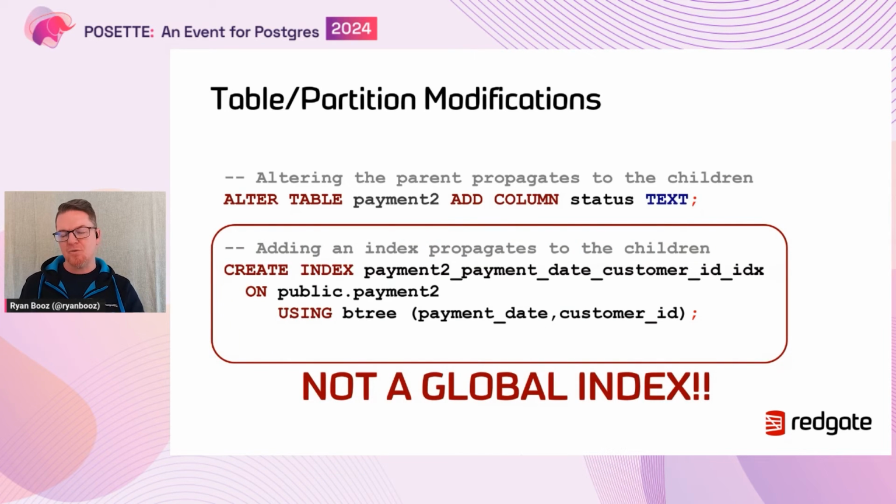Now, it can, as we'll see in just a second, avoid going to partitions if you set it up correctly, but it doesn't have an index that really helps it get to the individual rows in a partition more quickly than going to that table and using the indexes at the child table. So just recognize that this is simply instructing Postgres to create this index individually at each child table.